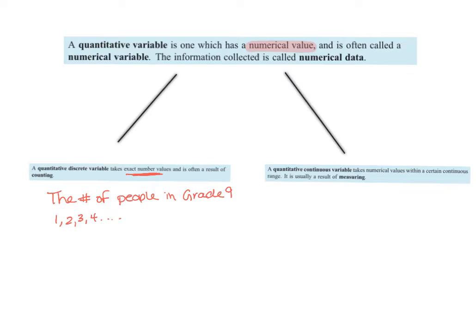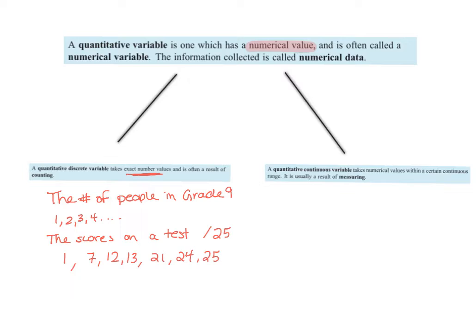Another example is the scores on a test. If a test was out of 25, the scores could be 1, 7, 12, 13, 21, 24, 25. These are all collected by counting something.